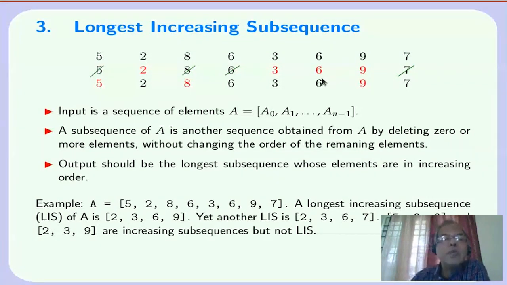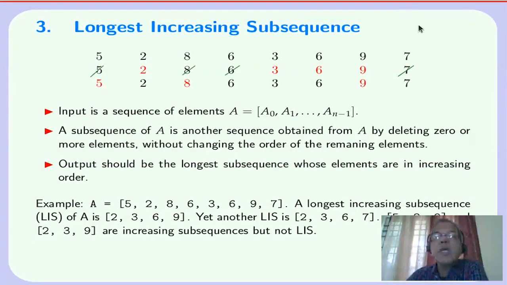You should note the difference between a subsequence and a substring. In a substring, the elements are consecutive in the original sequence. In a subsequence, the elements need not be consecutive or contiguous in the original sequence. For example, 6, 3, 6, 9 is a substring. But 6, 6, 9 is not a substring, it is a subsequence.